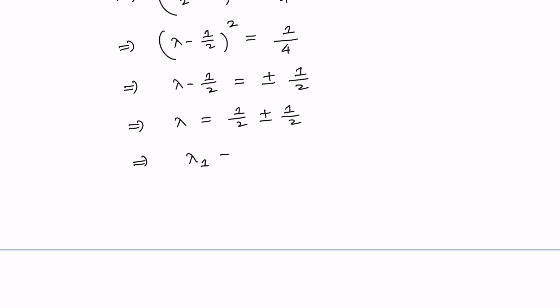Lambda 1 is equal to 1/2 minus 1/2, and lambda 2 is equal to 1/2 plus 1/2. That means lambda 1 is equal to 0 and lambda 2 is equal to 1.